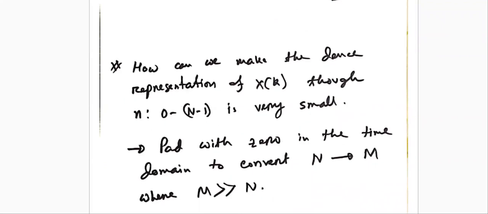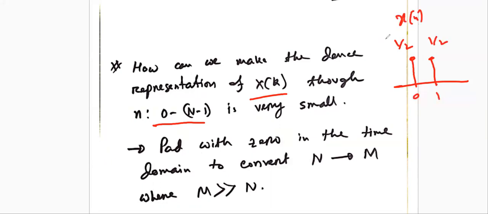The question is, how can we make the dense representation of X[k] even though we have a very small number of N? As we have already mentioned previously, it was given like this. We have half and half, 0 and 1. So that was your x[n]. In this case, the value of N is only 0 and 1. So how can we make a dense value of X[k]?